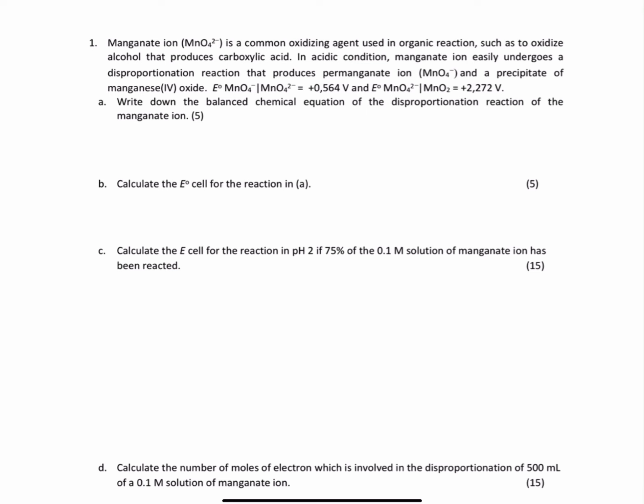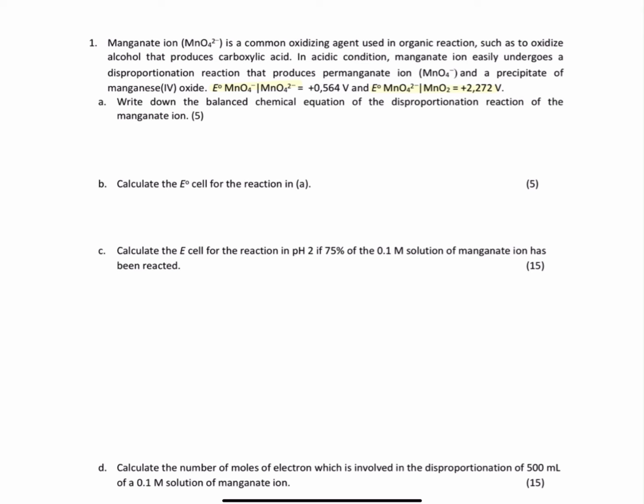And then here we also have the data of reduction potential for this one and this one. So now let's take a look at question A, which is to write down the balanced chemical equation of the disproportionation reaction of the manganate ion.